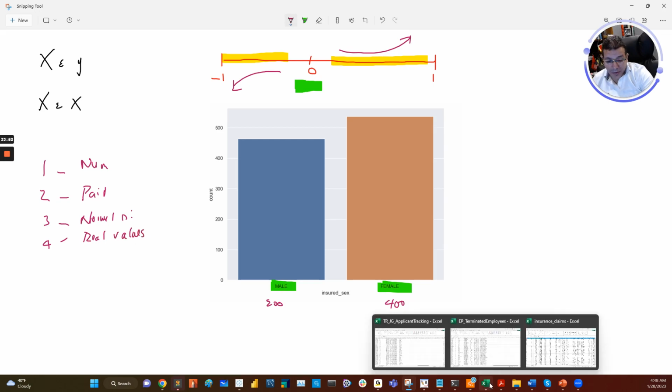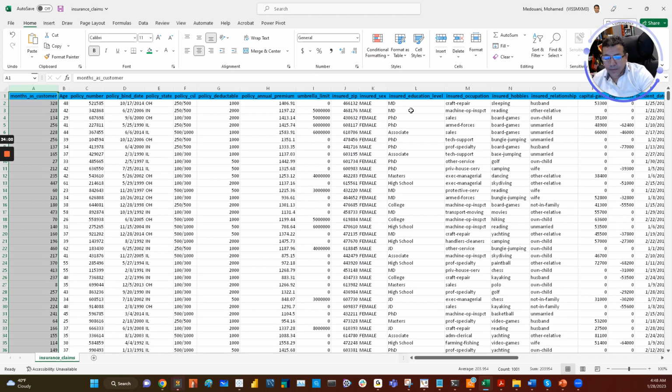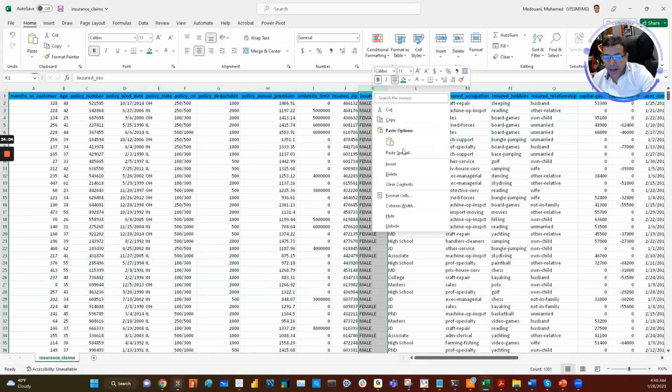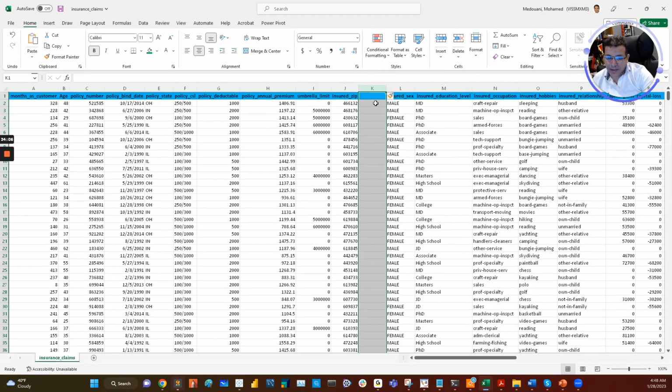So what do we mean by real values? For example, if we were to transform this male to numeric, just an example, we are going to give 1 to male and 2 to female. So we are going to get 1, 1, 2, 1, etc. These are not real values.